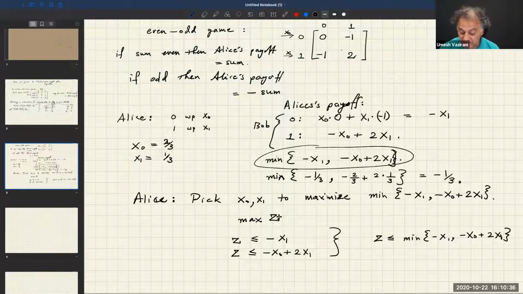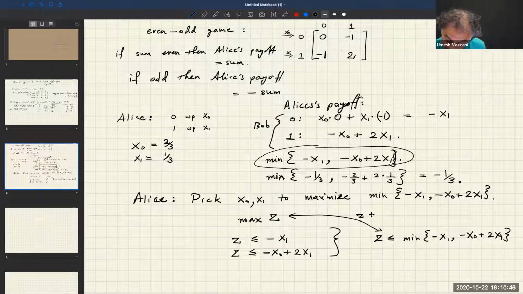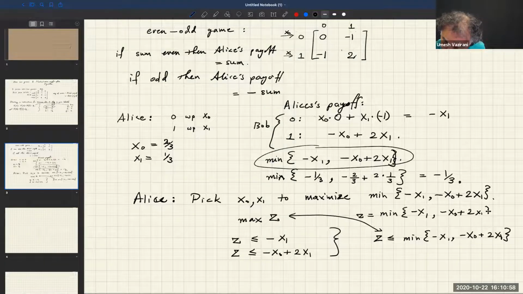But once you're maximizing z subject to z less than or equal to the min of these two things, z must actually be equal to the min of minus x1 and minus x0 plus 2x1.